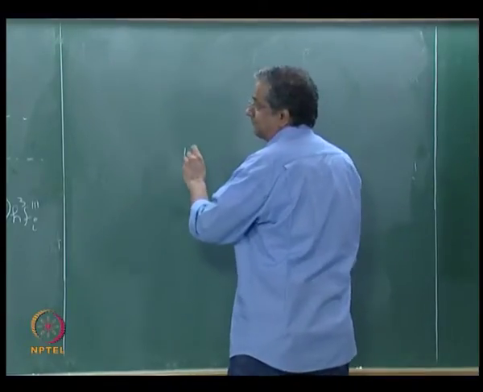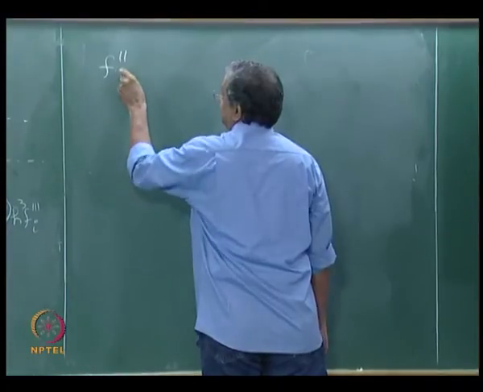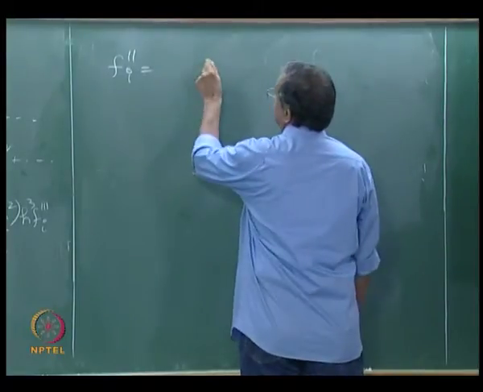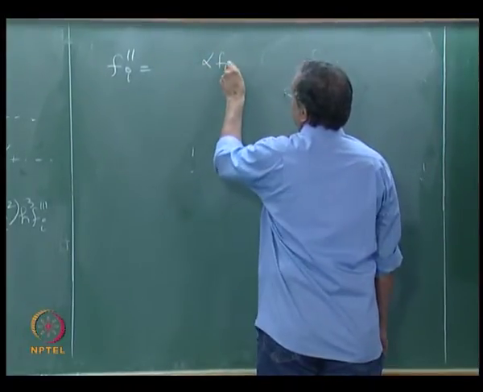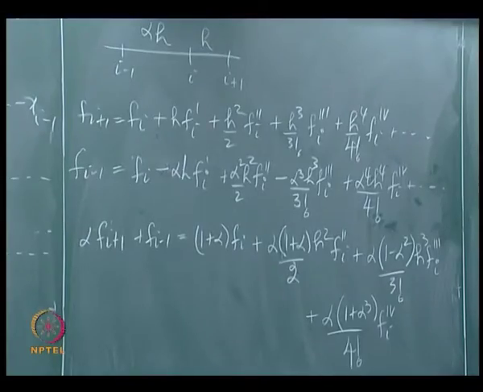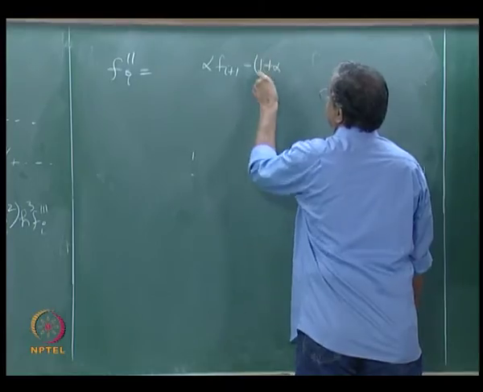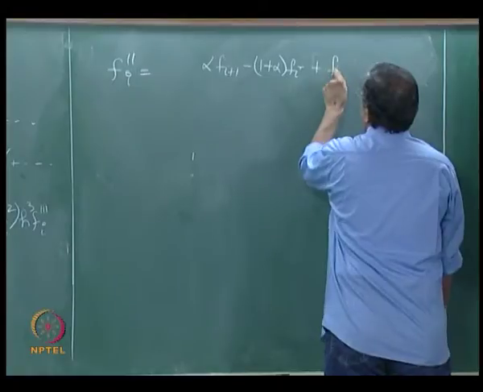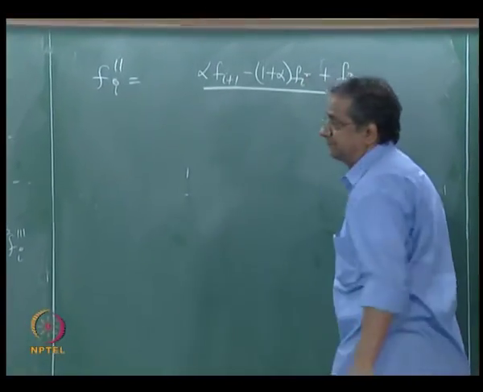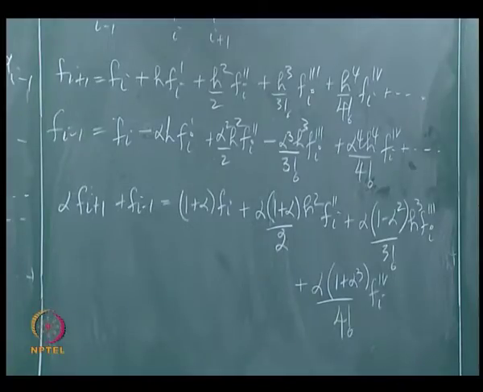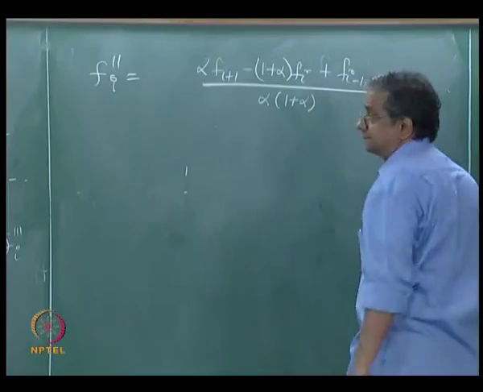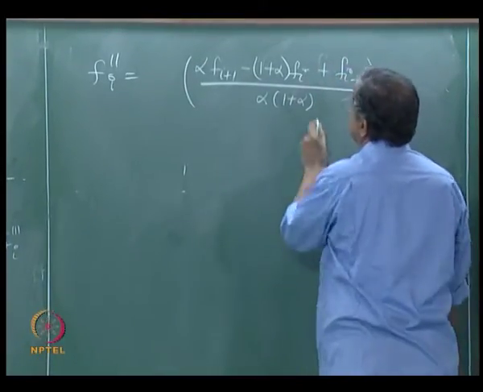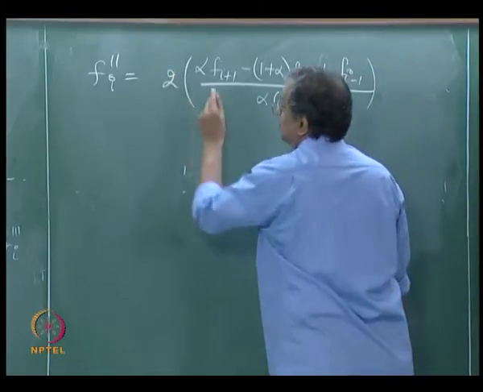So f double prime at i is alpha f at i plus 1 minus 1 plus alpha f at i plus f at i minus 1, divided by alpha into 1 plus alpha h squared by 2, right.